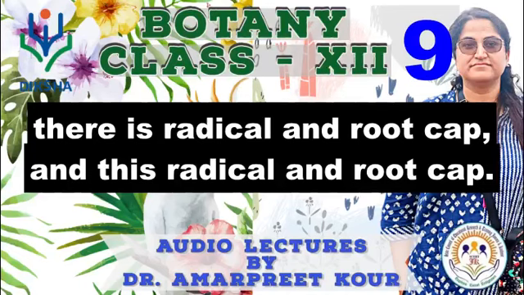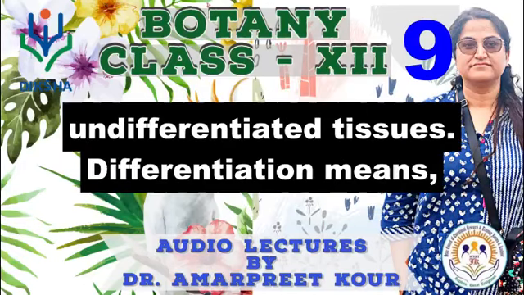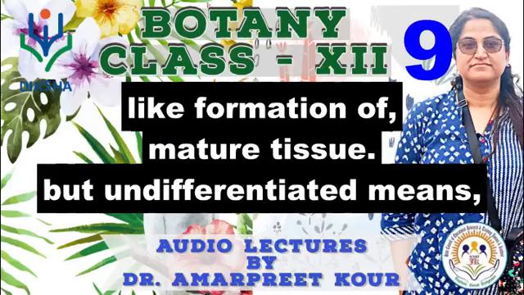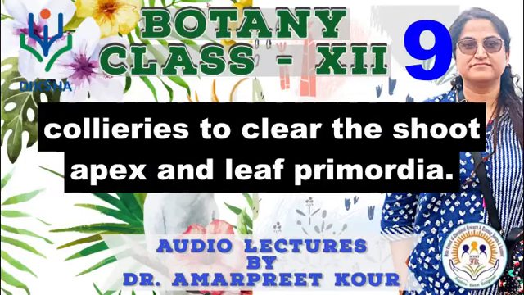And this radicle and root cap are enclosed by a sheath that is made up of undifferentiated tissues. Differentiation means formation of mature tissue, but undifferentiated means it is like meristem. Okay, and this sheath is known as coleorhiza.